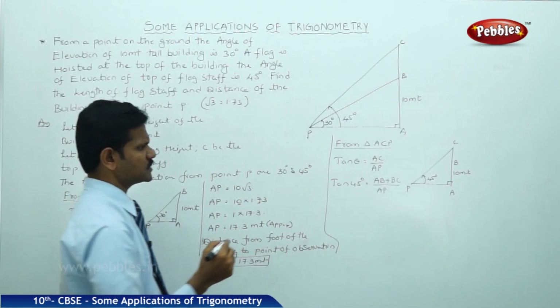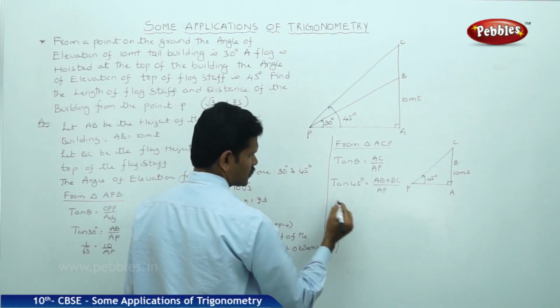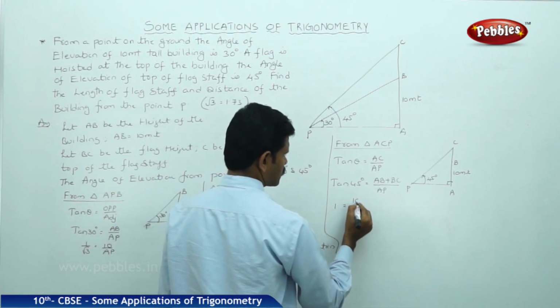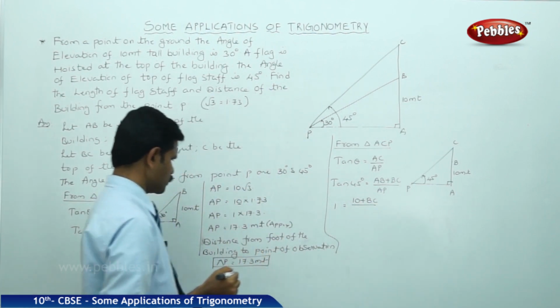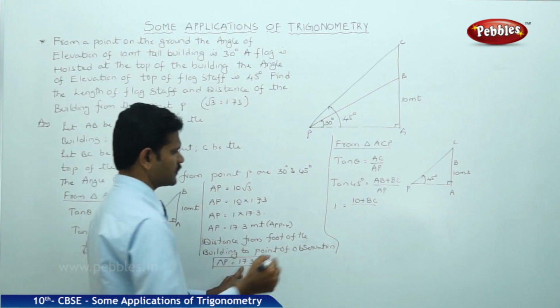Now tan 45, which equals 1, is equal to AB value 10 plus BC by AP value, just we found out, that is 17.3.